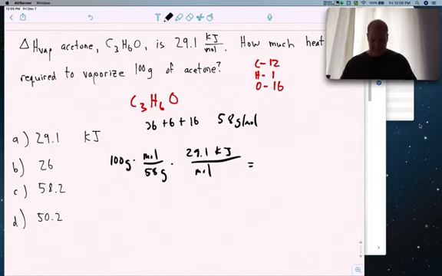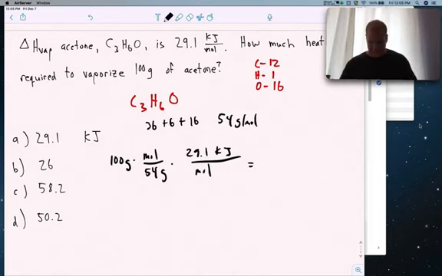And this is an easy one. I'm going to put it in my calculator. Oh, and it's 54. Sorry, 54 grams per mole.